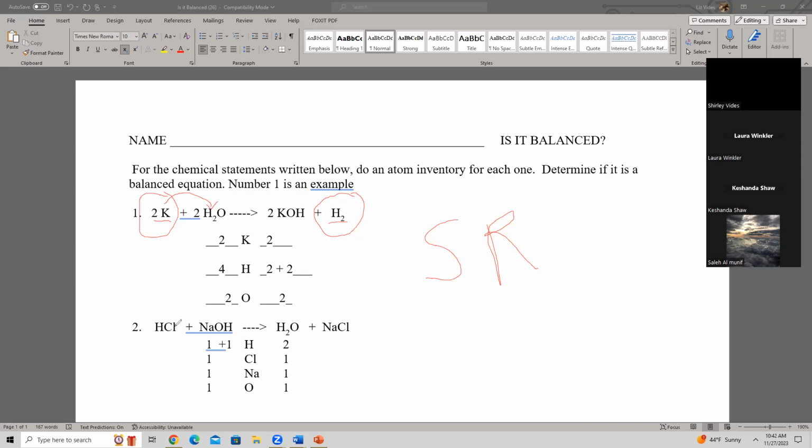All right, let's look at the next one. What do you see happening? That looks like double replacement. And you are correct. Because again, this hydrogen went to the right here, with the O, and then the sodium, which I'm going to circle, was with the OH.